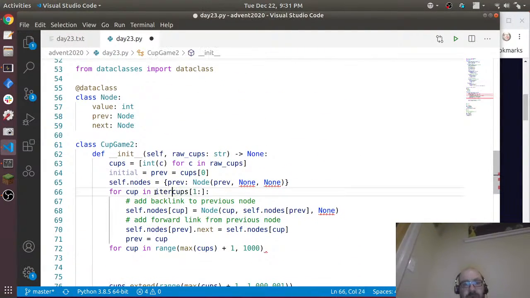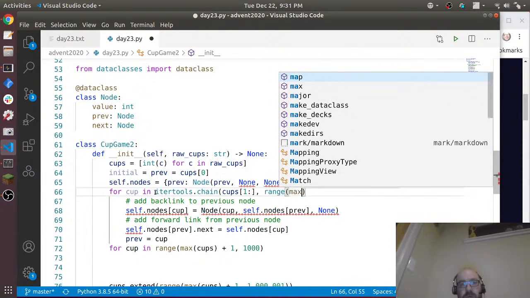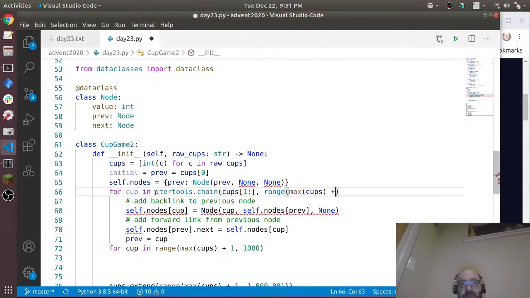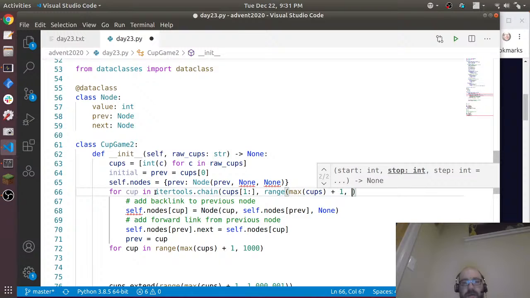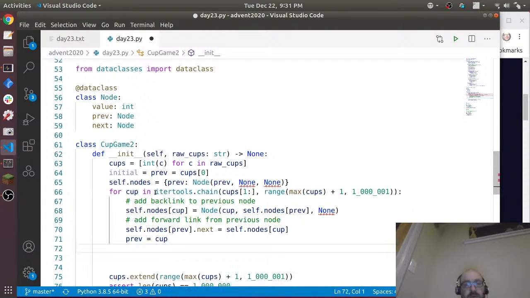So for cup in itertools.chain those cups plus range max cups plus 1, 1,000,001. There we go.